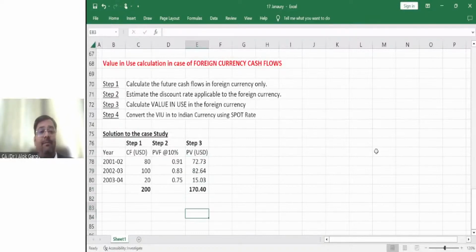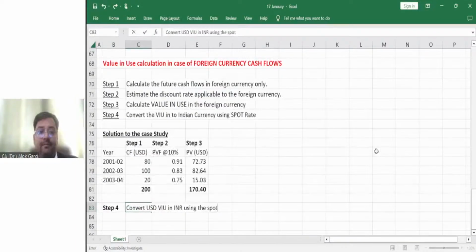So guys, what is step number 4? Step 4: convert the USD value in use into INR using the spot rate at 31st March 2001. What is the spot rate which is given at 31st March 2001? 45 rupees per US dollar.